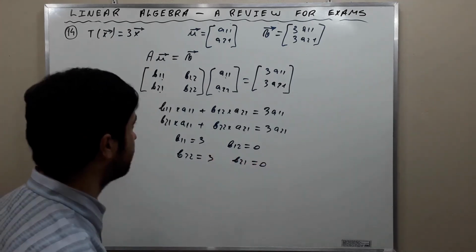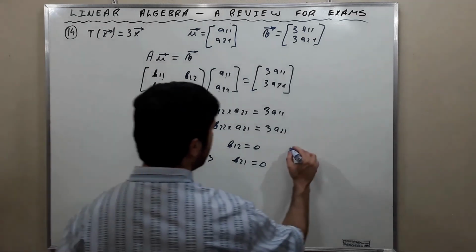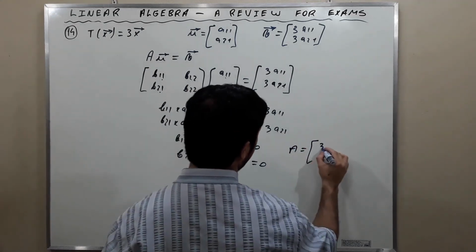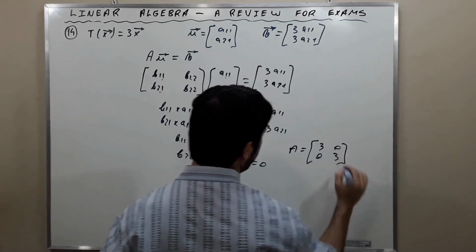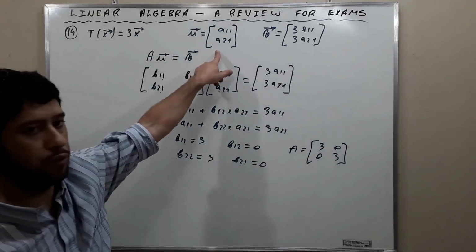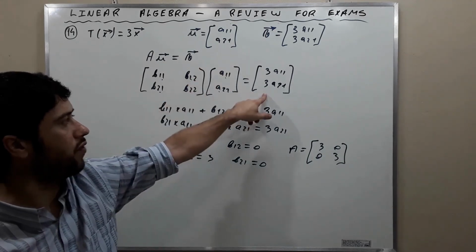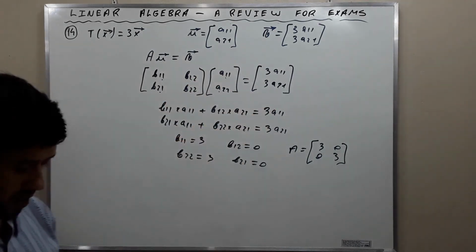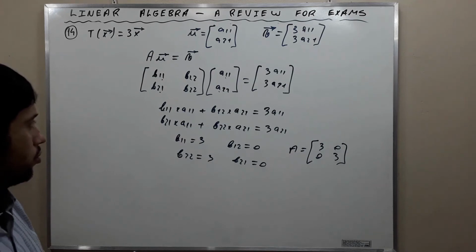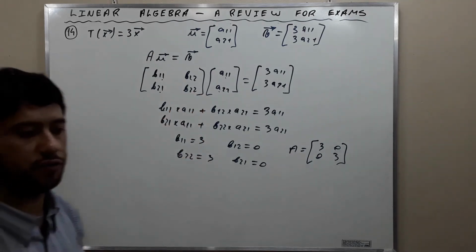And then the matrix that represents this transformation is (3, 0; 0, 3), okay? This is the matrix that scales up the input vector by 3, and outputs a vector that is obviously 3 times the input vector. Okay, this is all for exercise 14.